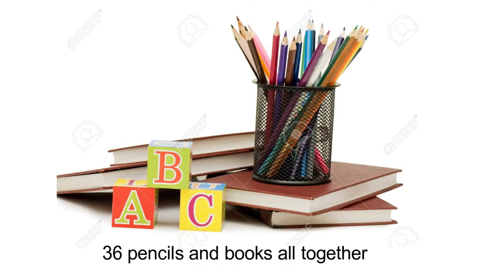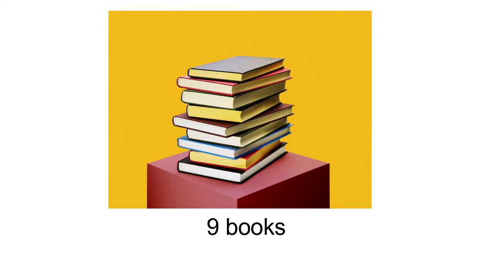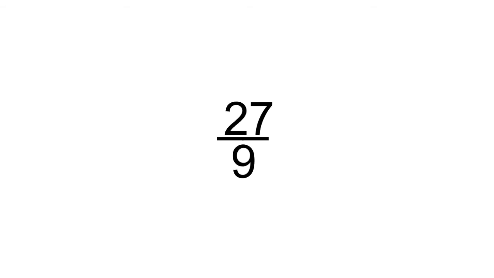Let's take another example. There are 36 pencils and books altogether. That is, 27 pencils and 9 books. So, the ratio of pencils to books will be 27:9, or we can write it as 27/9.